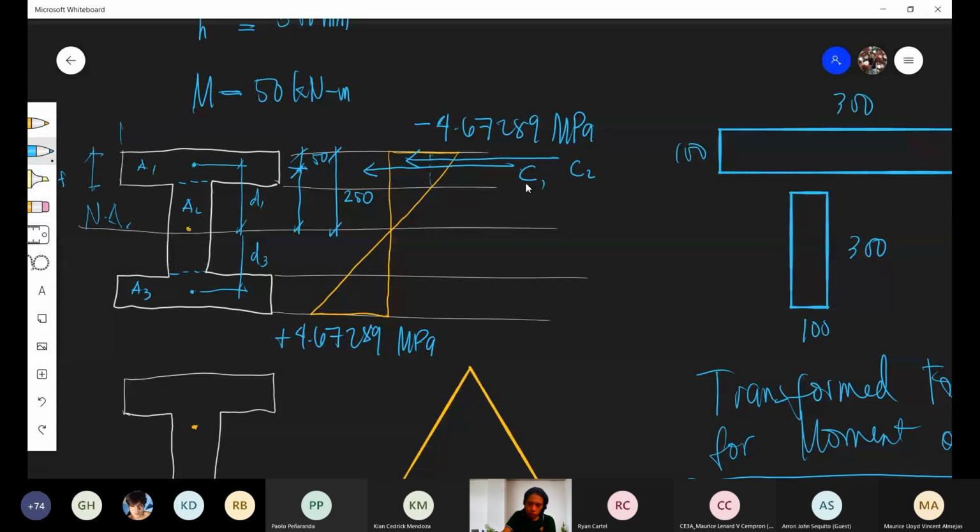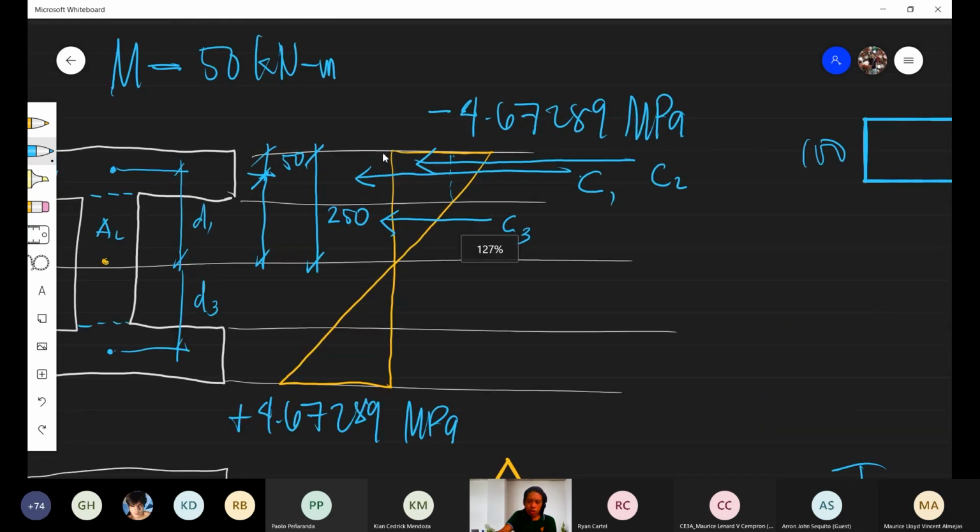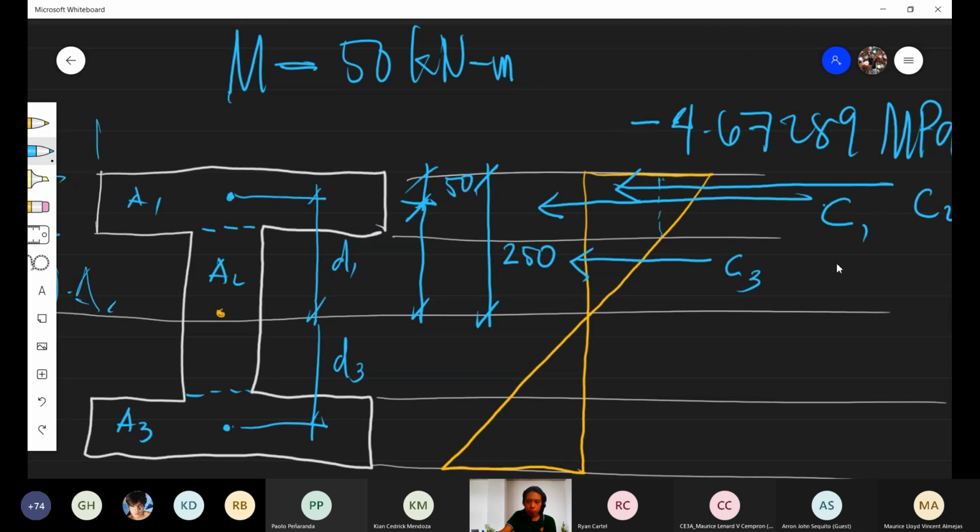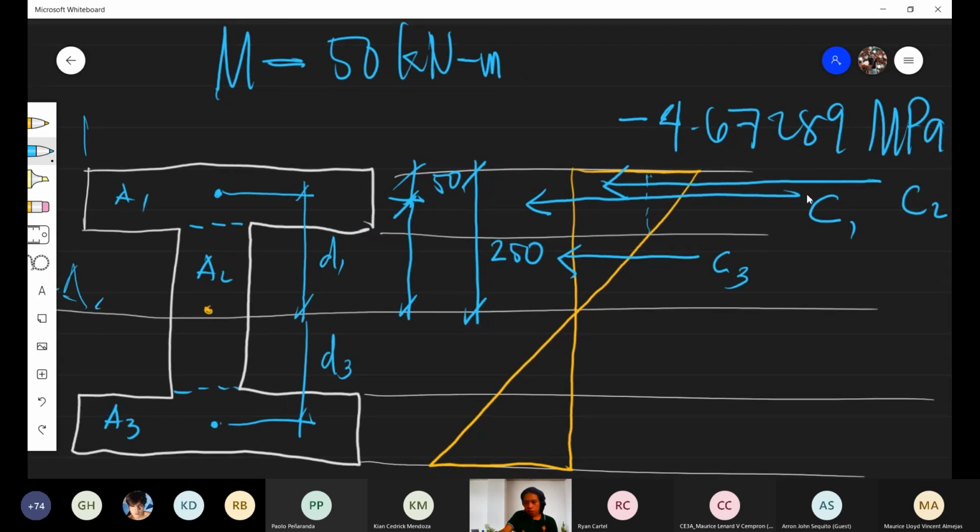Ang C1 amo ito niya ang force nga nag-aaktidahan due to the rectangle part of the trapezoid. Tapos ang C2 naman due to the triangle part of the trapezoid. Tapos of course, di diha ubos, may another force. Let's name it C3. Similar ito niya case di diha ubos, pero instead nga C, we will use T. Let's focus on these three forces.